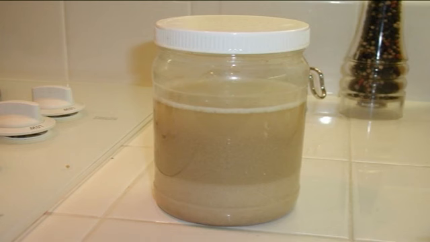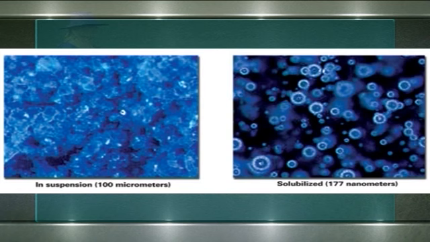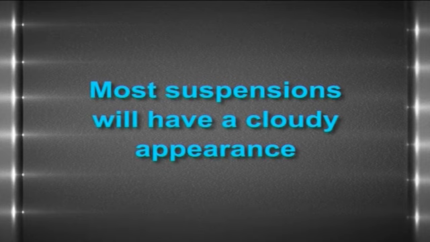Next is suspension. A suspension is a mixture of finely divided solid particles dispersed in a liquid. The solid particles do not dissolve in the liquid and the mixture must be agitated to maintain thorough distribution. Most suspensions will have a cloudy appearance.